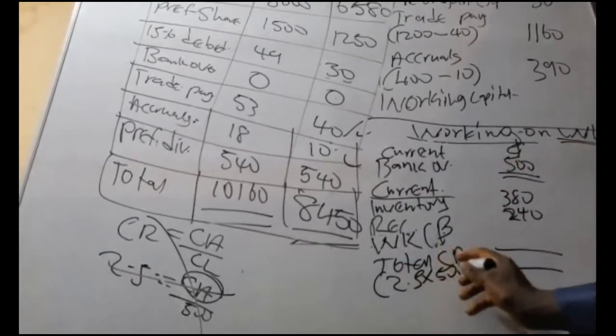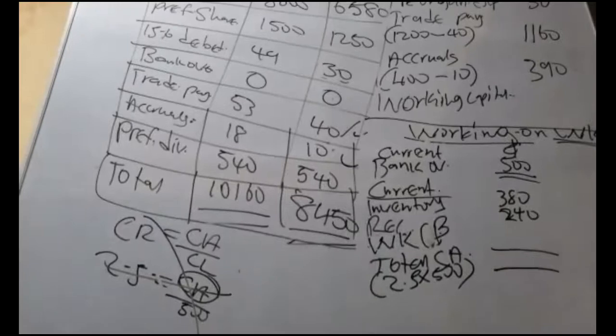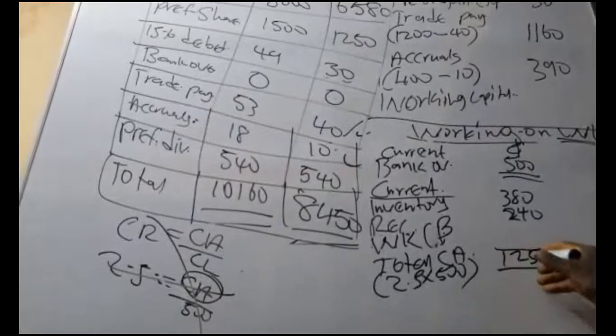What's the answer? 2.5 times 500 is 1,250. Perfect. So the total current asset must be 1,250.